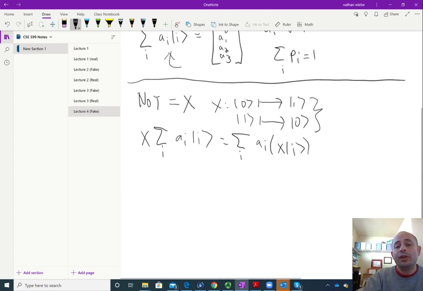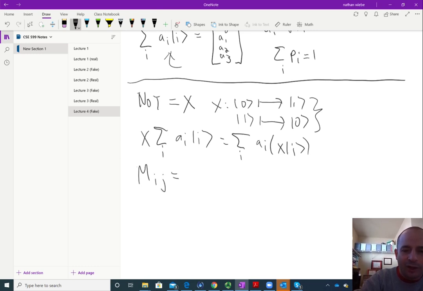So we can figure out the matrix representation of NOT, and again, I'll do this example in Dirac notation, by using the fact that every matrix element M_ij in Dirac notation is equal to the bra <i| M |j>, like that over there.